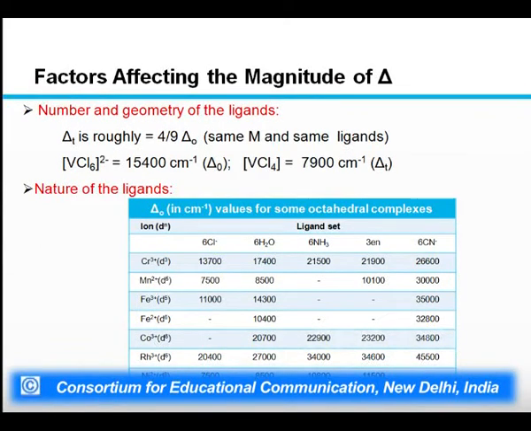So, what was done was that delta naught values were experimentally determined with a large number of ligands for a large number of metal ions. In all the cases a pattern was noted, and that pattern was recorded as the spectrochemical series.